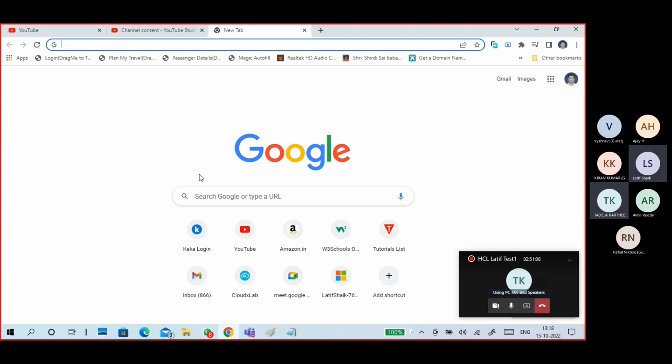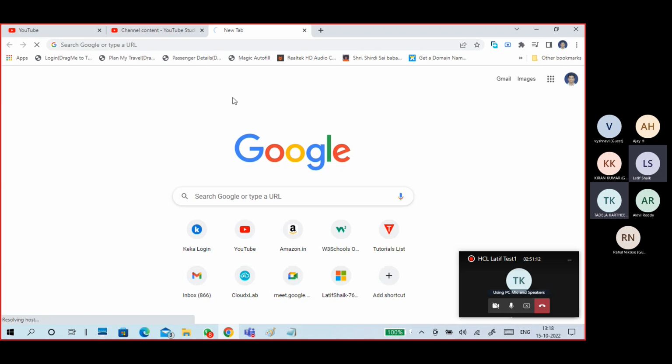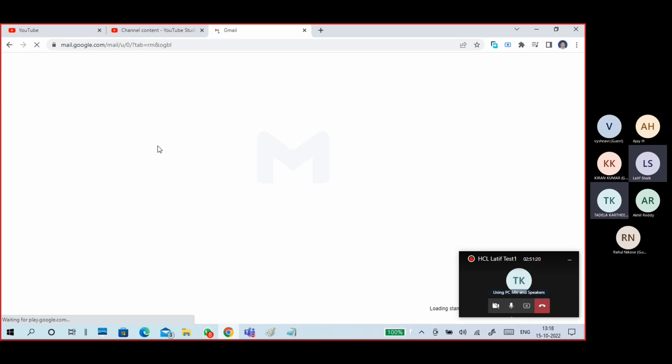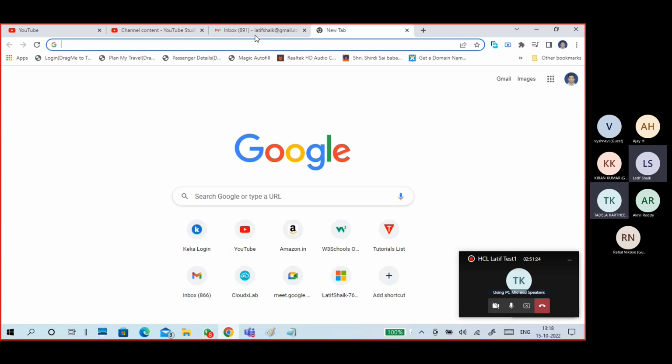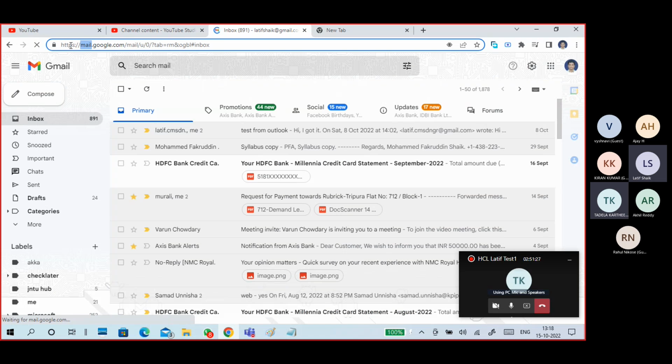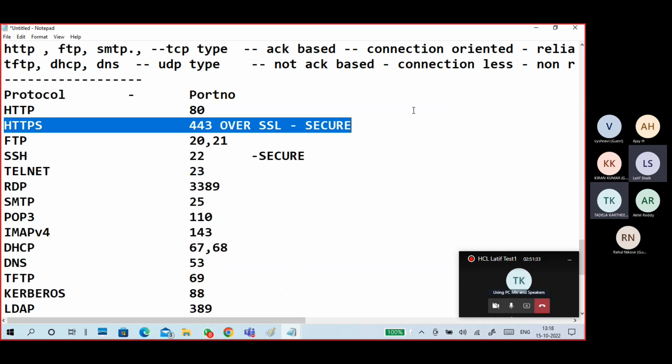For example, you open a mail account or a bank account, bank website, mailing website, social media website, or an e-commerce website like Amazon.in. So we use HTTPS. It means whatever data you are transmitting from your client to server or server to the client is encrypted.